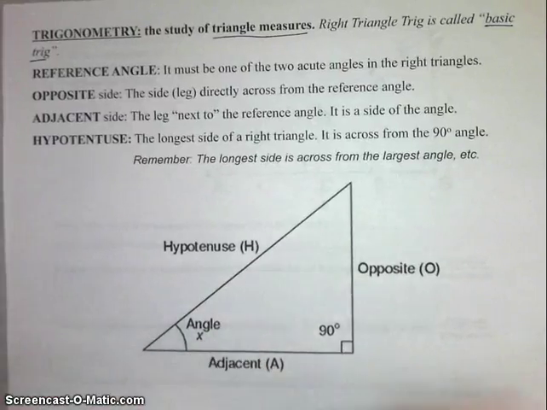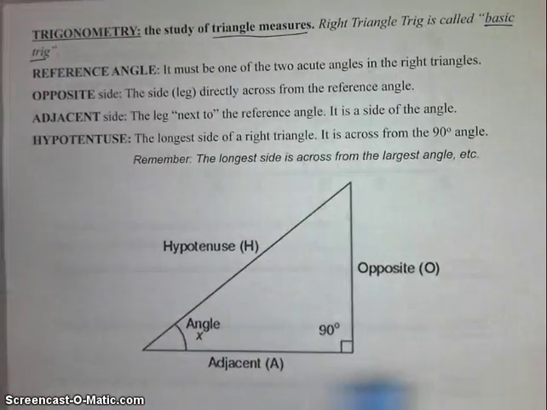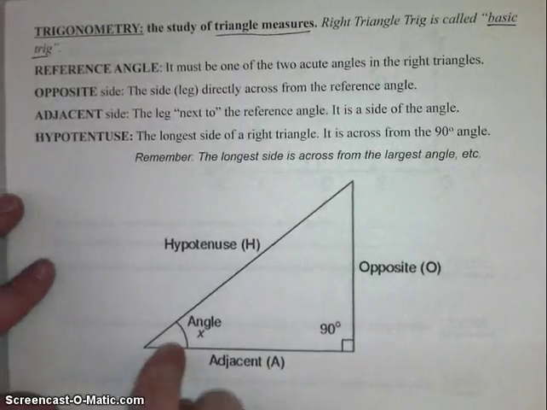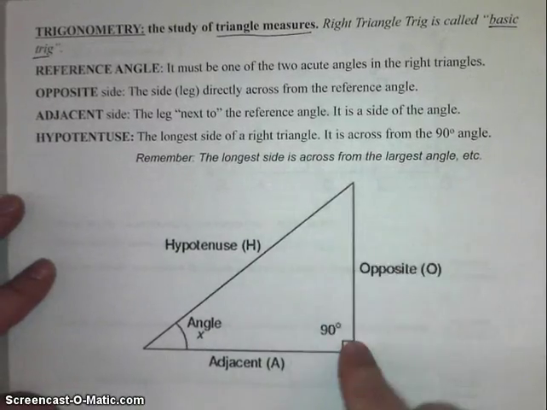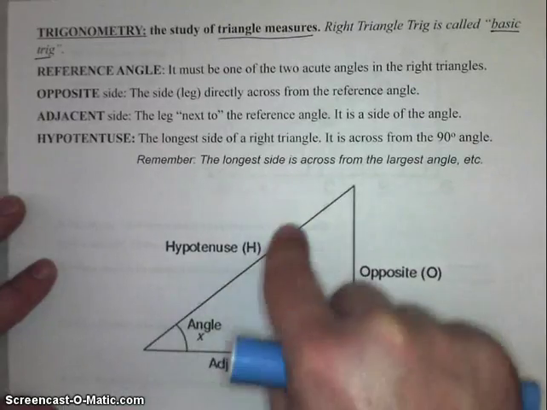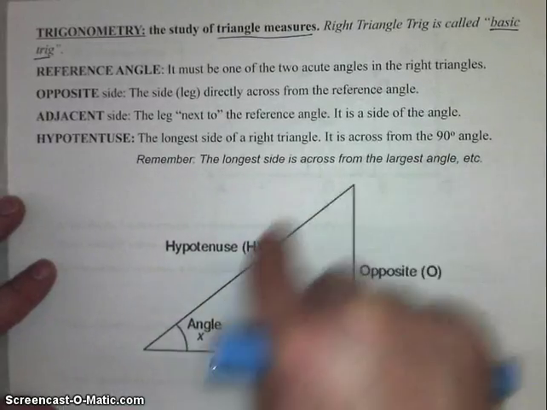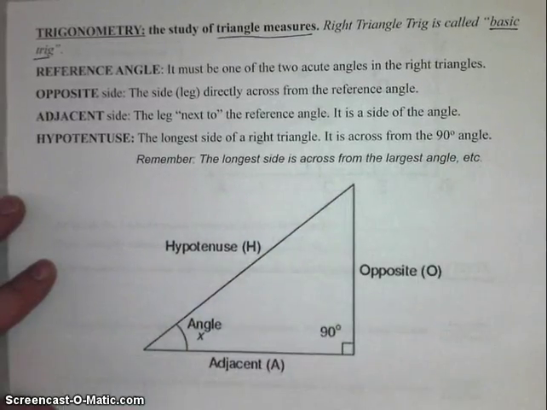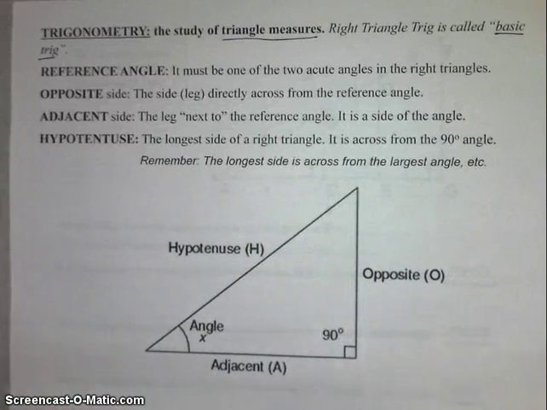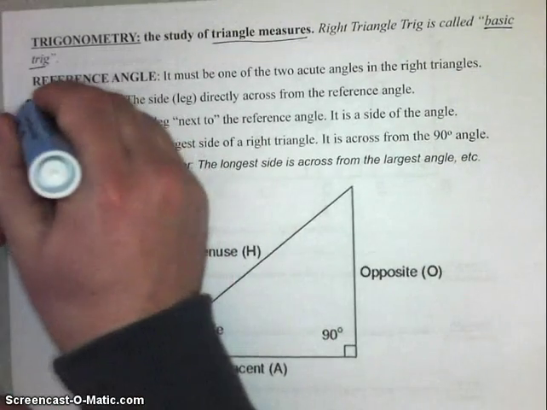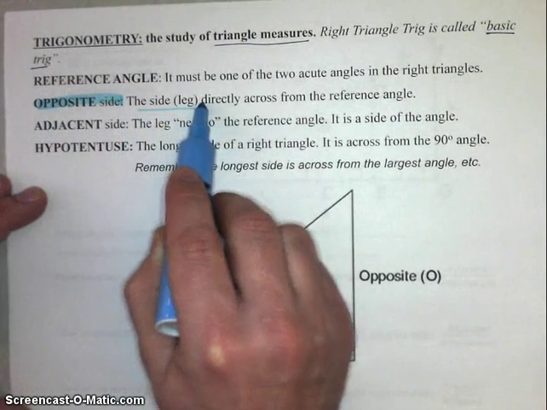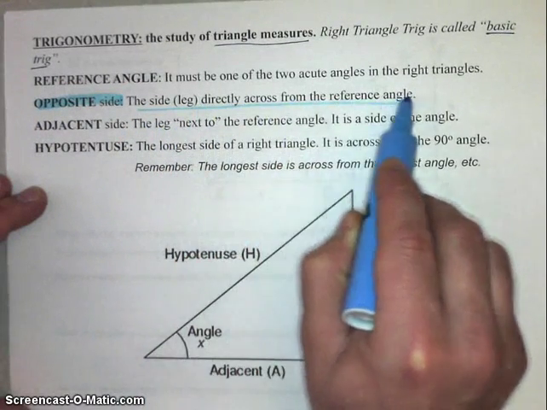Then we should be able to talk about these sides in terms of whether they are adjacent to that reference angle, opposite from that reference angle, or the hypotenuse, which is always the same no matter which of these acute angles you make the reference angle. The hypotenuse stays the side that is opposite the right angle. So for our opposite side, it's the leg that is directly across from the reference angle.